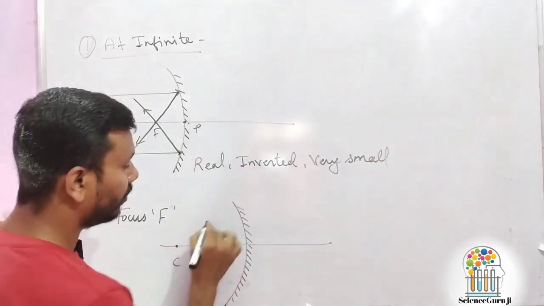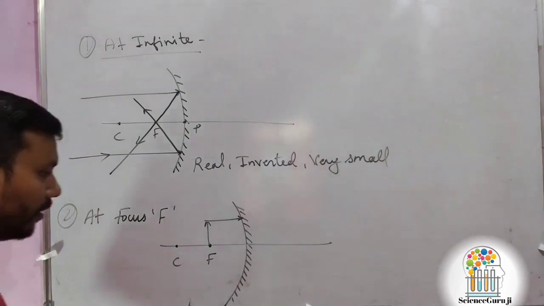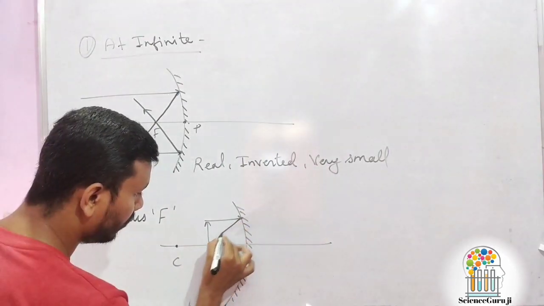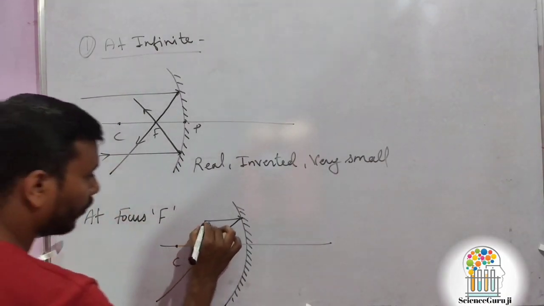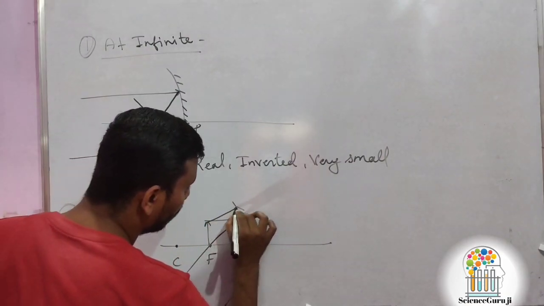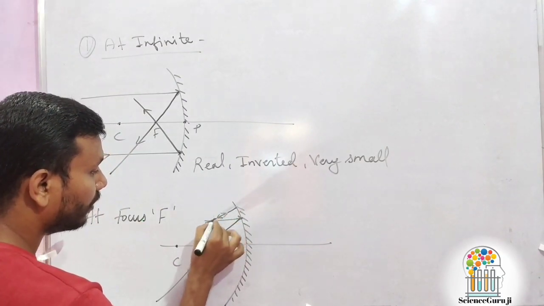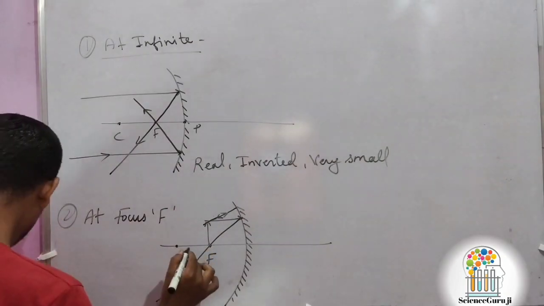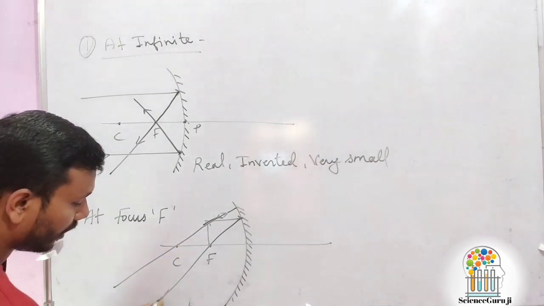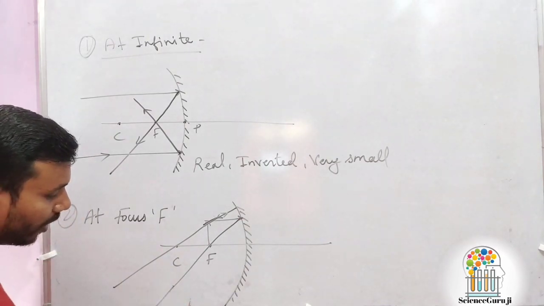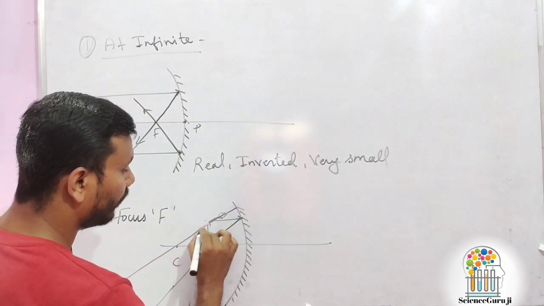If one object is placed here, light coming from the object, after striking, goes back to the same medium, and one more light coming from here, after striking, goes back again in the same direction, but here, as we can see, the image forming is very large.